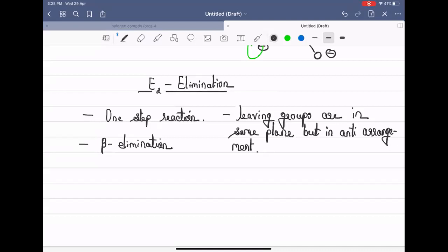I'll tell you how this goes. Let's say this is our substrate. I'm putting ethyl bromide.